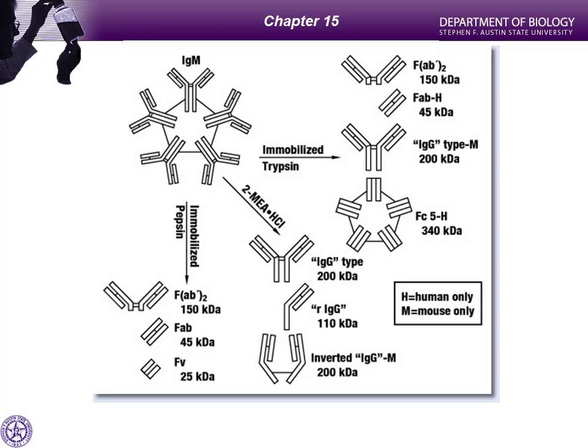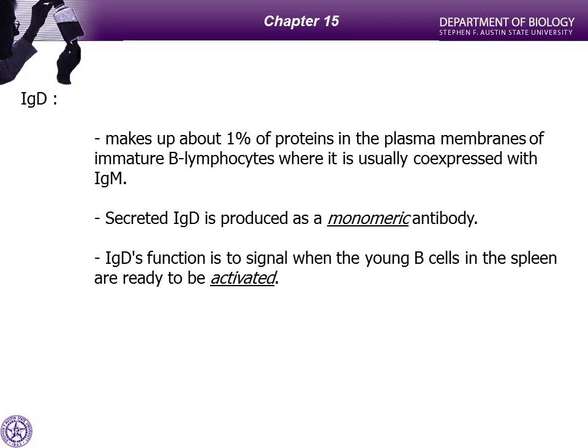So after the IgM isotype, the cells are going to switch and they can begin to produce IgD. This is the second. Now, when we look at the IgD type and we look at the receptors on our plasma membrane of our B lymphocytes, we're going to see that about 1% of those receptors are going to be the IgD type.